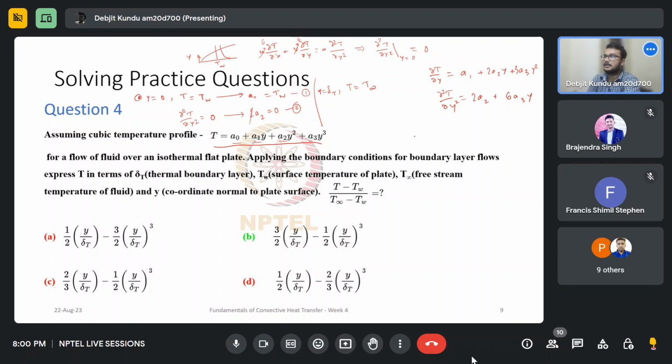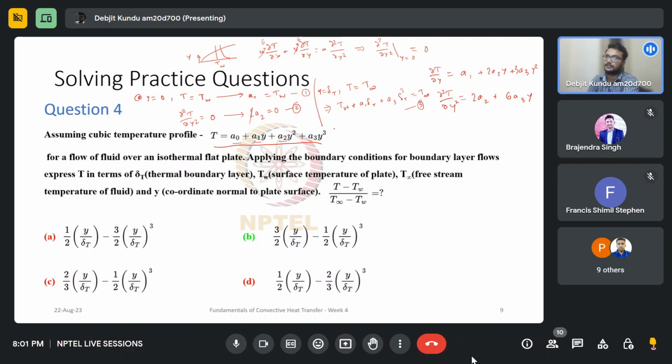If I plug in whatever I know, A0 is TW, so this gives TW plus A1 delta t, plus a2 equal to 0 so this term vanishes, plus a3 delta t cubed, should be equal to T infinity. I'll call this equation 3 and move on.